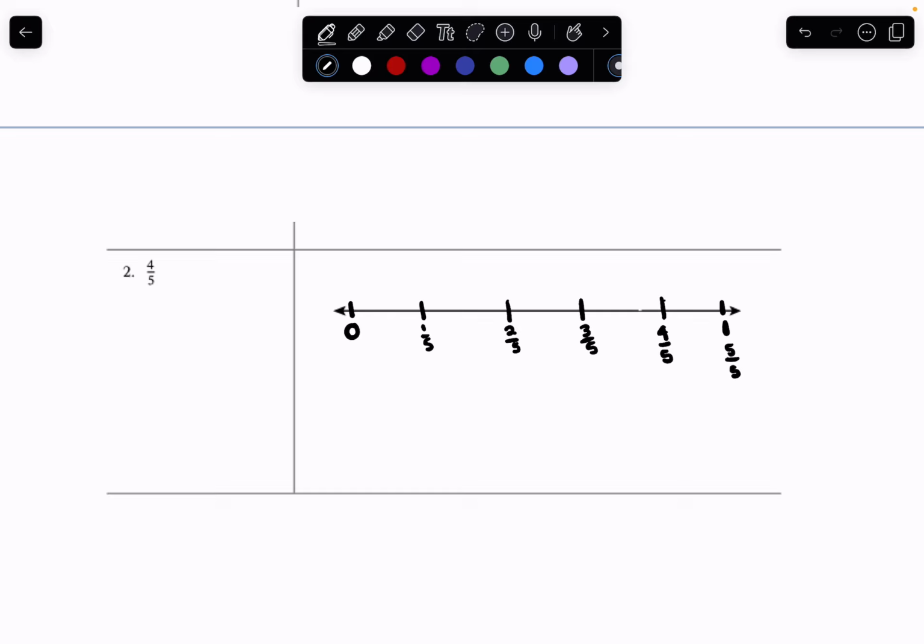We're doing the same thing where we're going to decompose our fraction into smaller parts. So 4/5 goes to right here. And what we need to do is break our 4/5 down into smaller parts. I'm going to do that by picking a new color. Let's do this bright color.